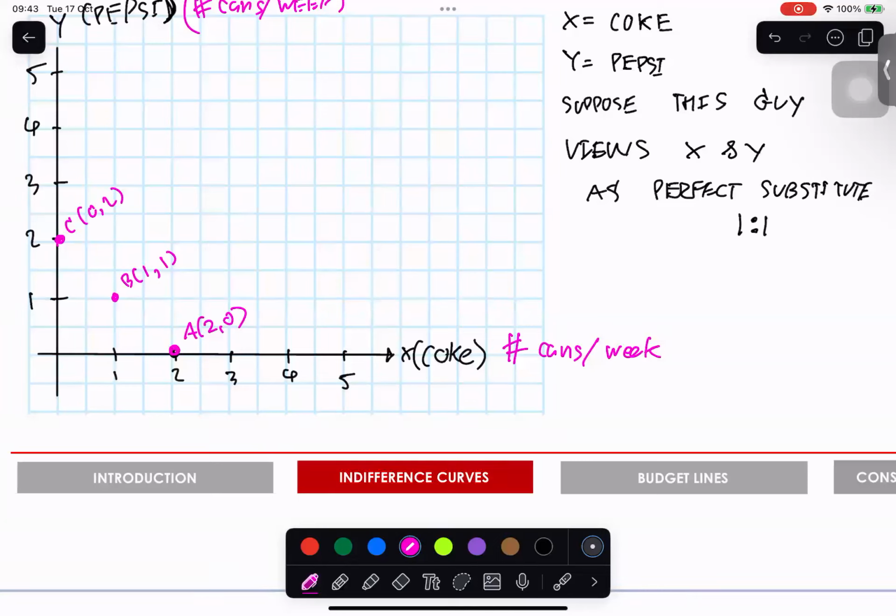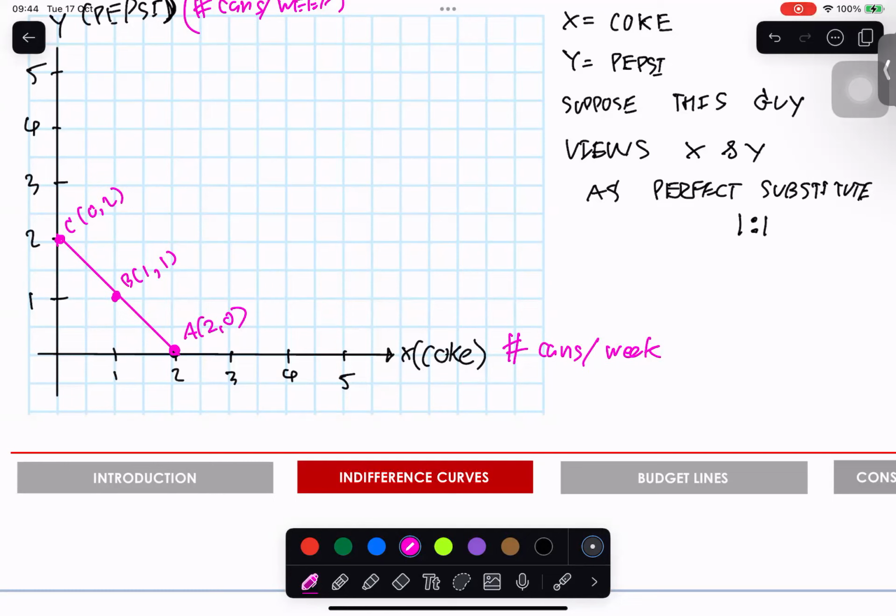0,2. And then we do this thought experiment with this guy. He already said he is okay. When we steal and compensate enough, his happiness resumes. So C, B, A give the same satisfaction. So we draw an indifference curve, connecting these 3 points together. This is the shape of the indifference curve when the person views the 2 goods as perfect substitutes.